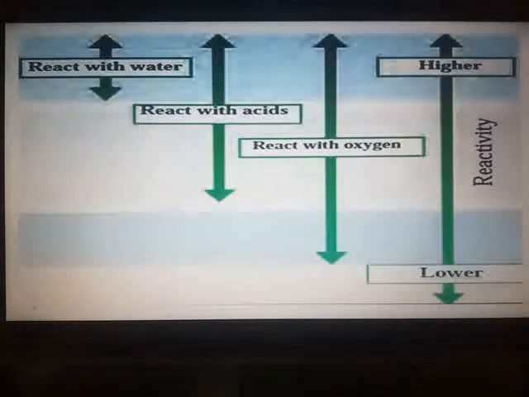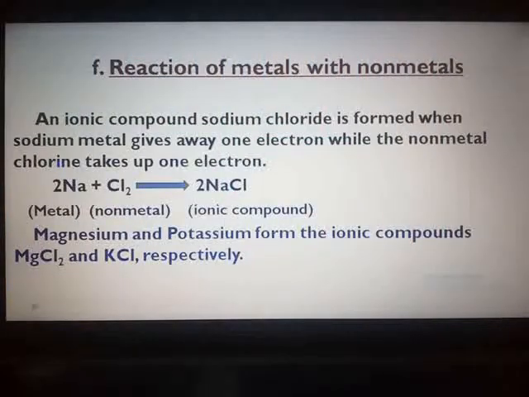Our next topic is reaction of metals with non-metals. Very simple. Metals with non-metals. Now you have studied the noble gases in the earlier standards. The noble gases like helium, neon, argon have a complete duplet or octet and hence they do not participate in any of the chemical reactions. So we have seen from the reactions of metals that cations are formed by the oxidation of metals.